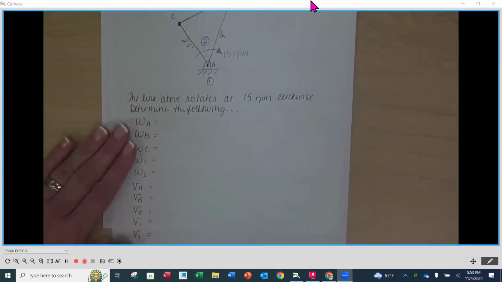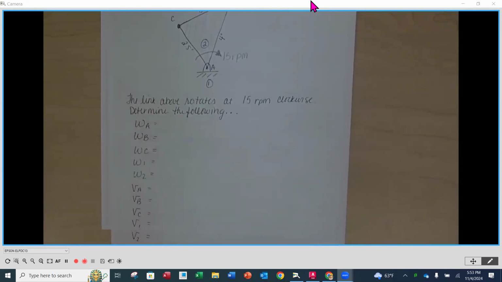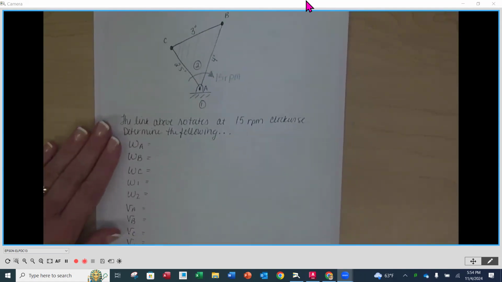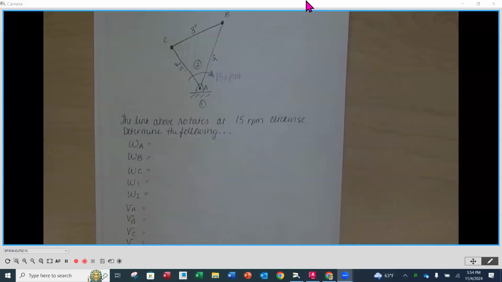See what you can come up with for those. In some cases, maybe it's like, that doesn't make sense, that's not what we would do. In other cases, you're going to be able to see, oh, this is what it is. So go ahead and fill in what you think those should be based on the information given. I'll give you a couple minutes to do that, and then we'll go over it together.